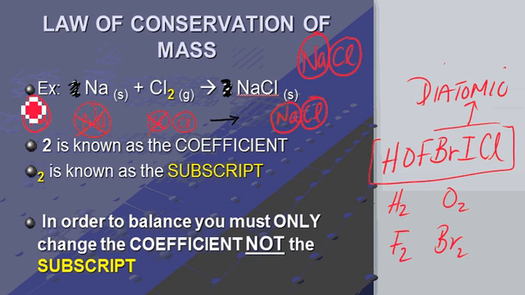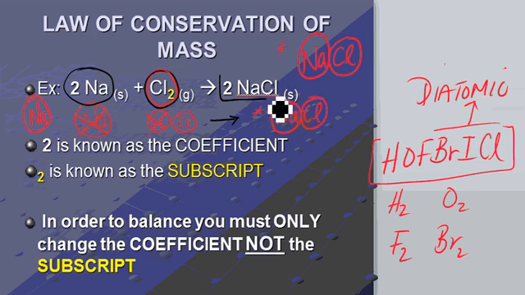So in order to make sodium chloride, because we have two chlorine, that means we have the potential to make two sodium chloride molecules. And in order for that to happen, there must have been two sodium present as well. So we need two sodium, we have two chlorine, and that way we can get two sodium chloride molecules.